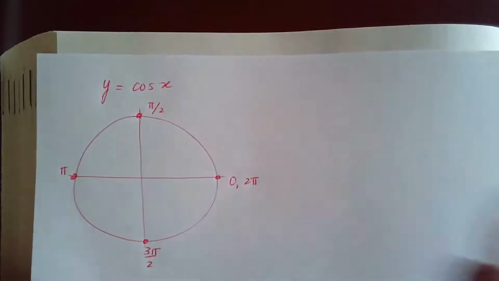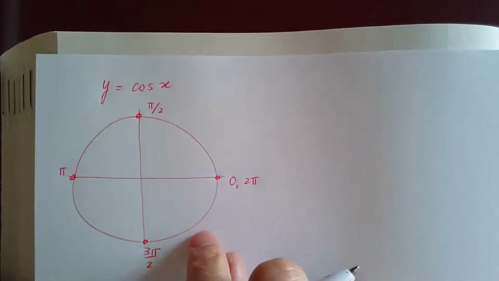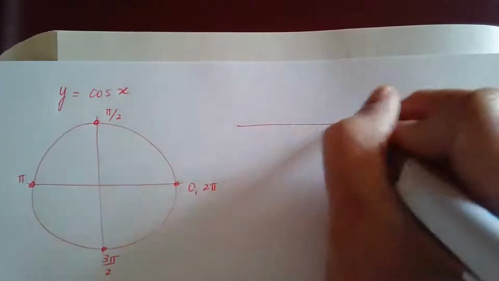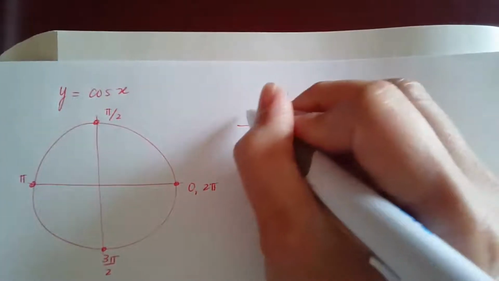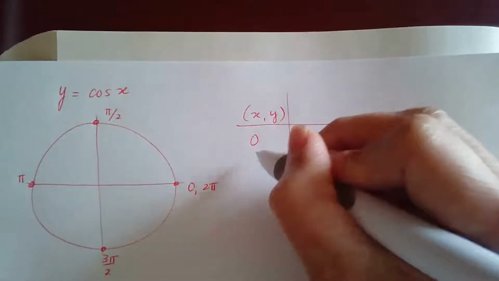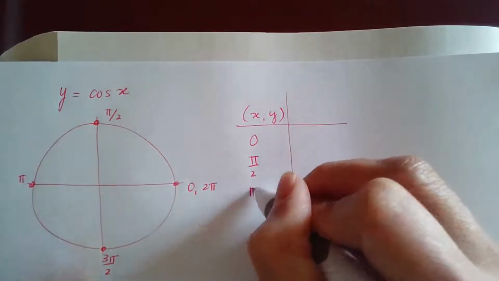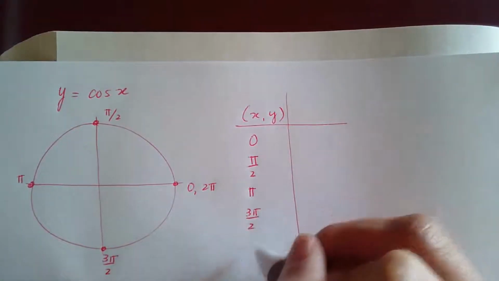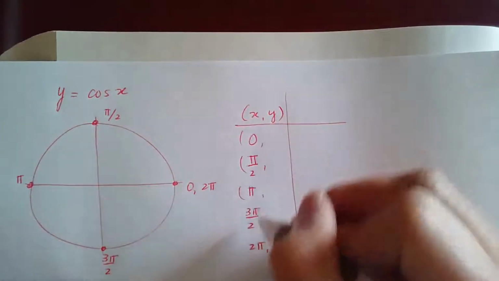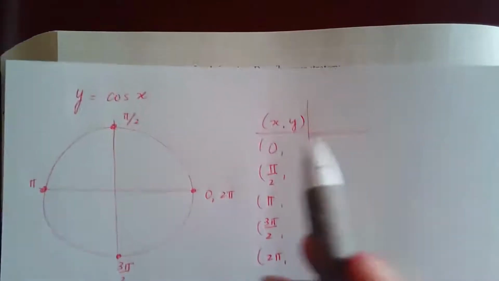So cosine talks about the x coordinate of the point on the unit circle, so it's going to be x, y. So x is the angle, so 0, pi halves, pi, 3 pi halves, 2 pi. So the x is not the x coordinate, but the angle of rotation.